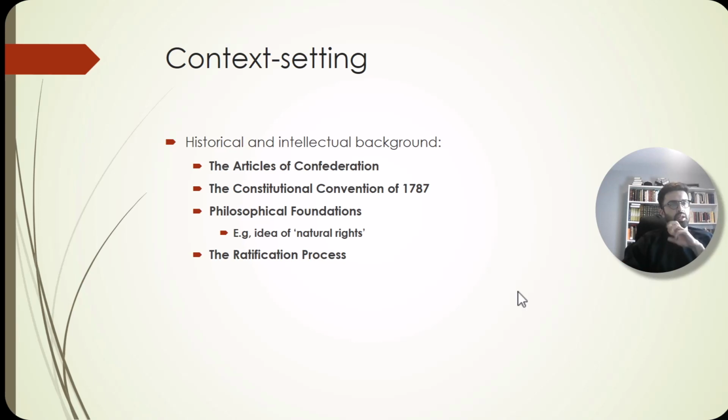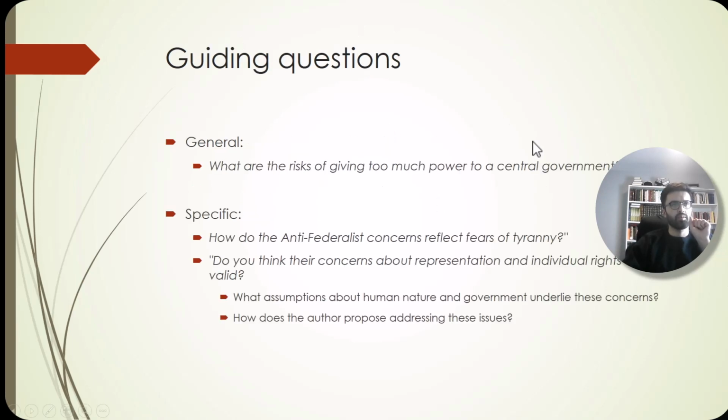So that's enough about that. If anyone has any questions about these two terms, conceptual knowledge and propositional knowledge, we can take those up after this session. But let's move on now to some context setting, which is going to be helpful for analyzing the primary text that you're going to read from the authors, specifically the anti-federalist authors.